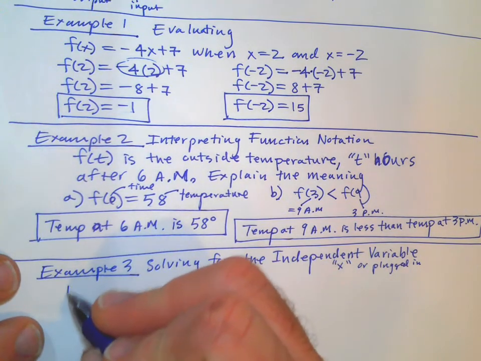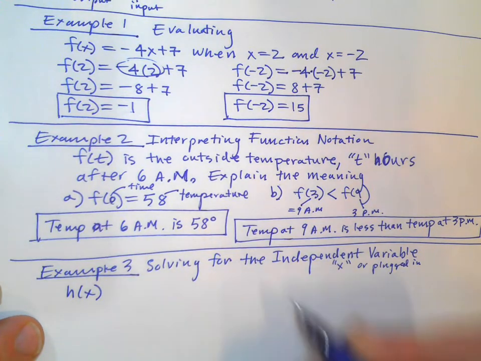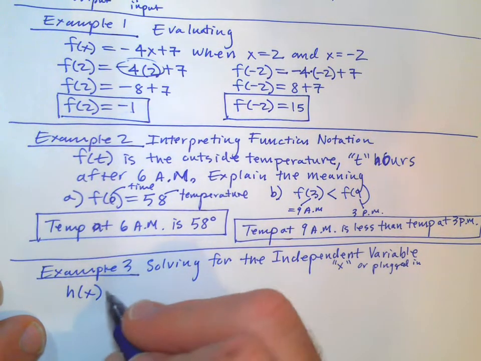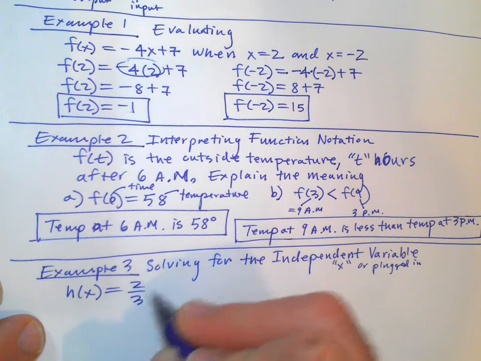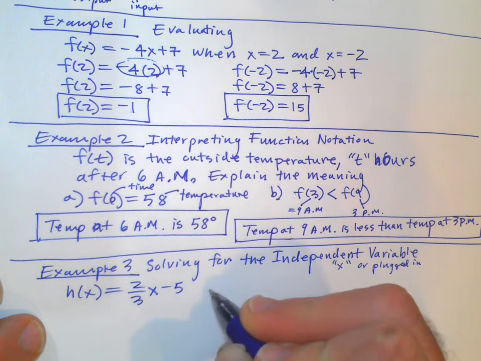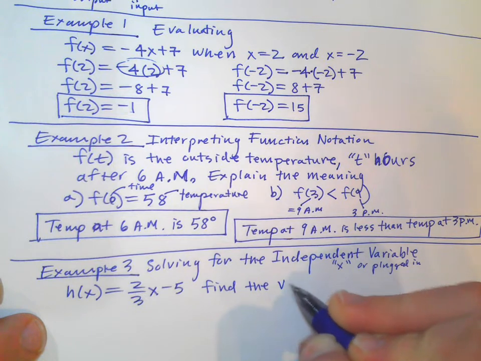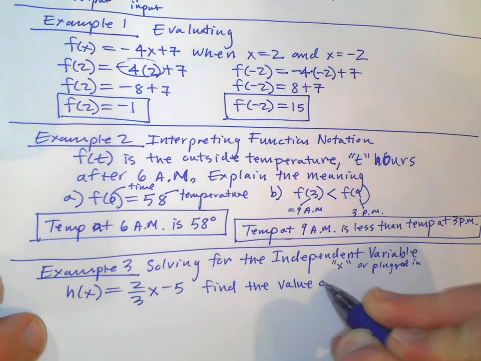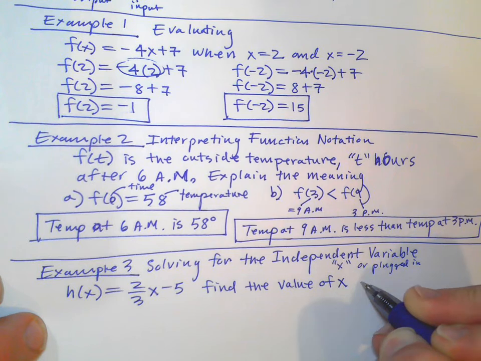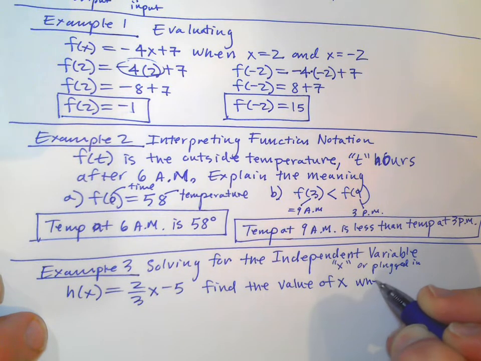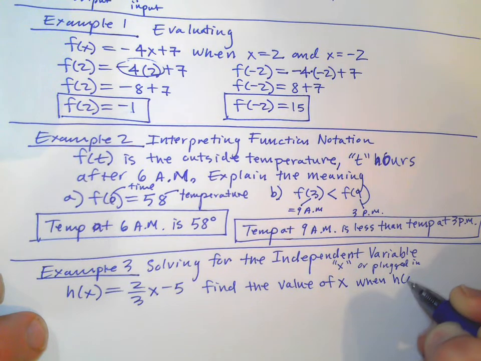So here's a problem. H of x, see, it doesn't always have to be f. It can be, say, h of x equals 2/3 x minus 5. Find the value of x when h of x equals -7.